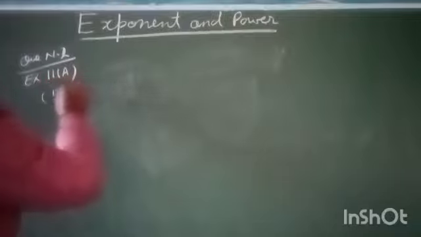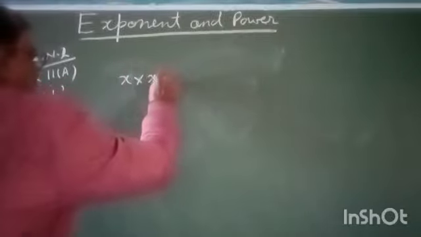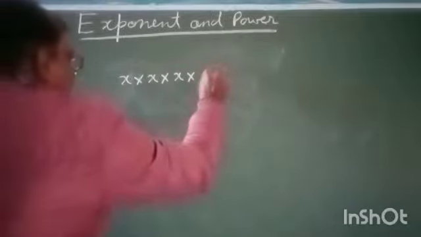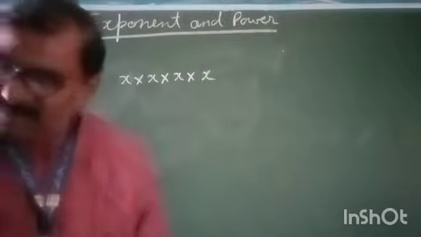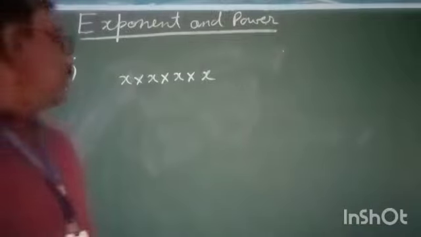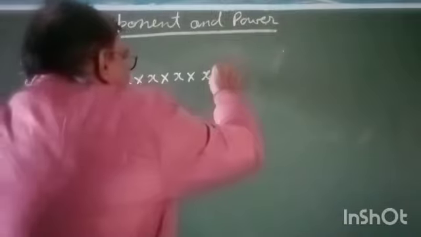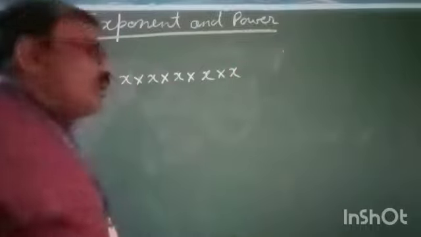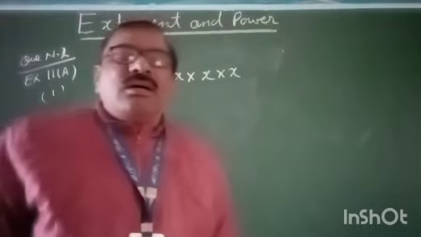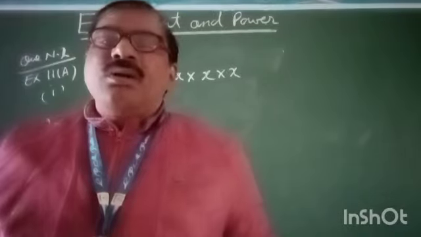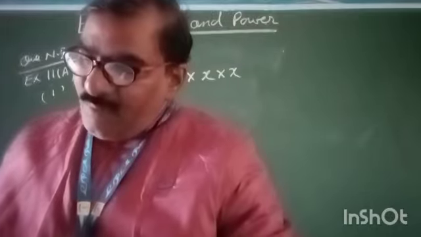First part is x multiply x multiply x multiply x multiply x. We have to write this in exponential form.